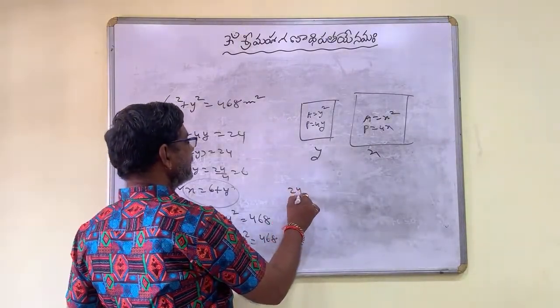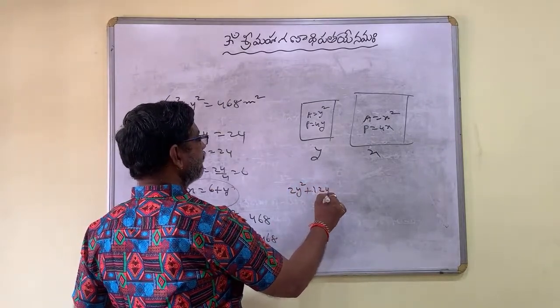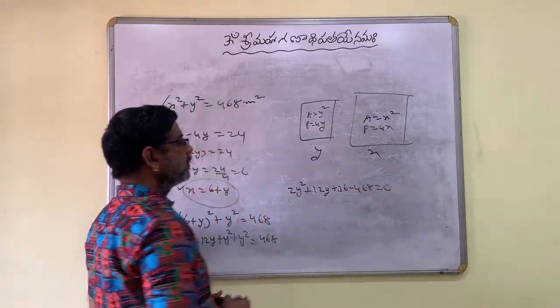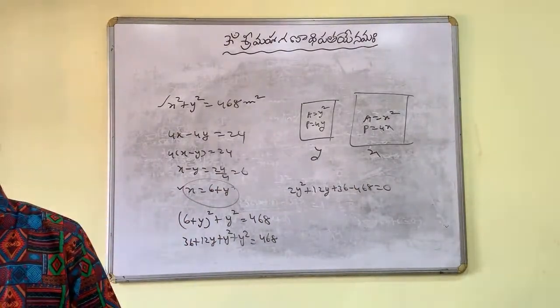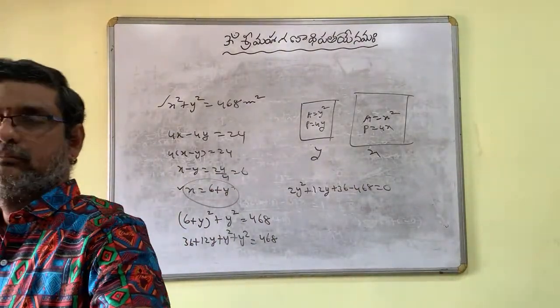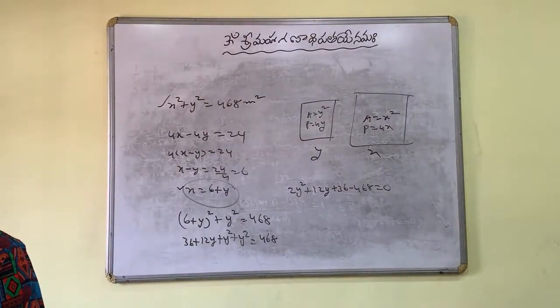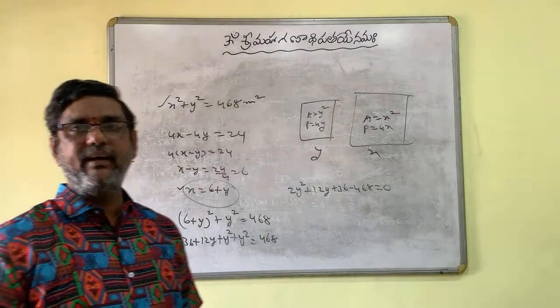So 2y square plus 12y plus 36 minus 468 is equal to 0. Okay, children, simplify this.